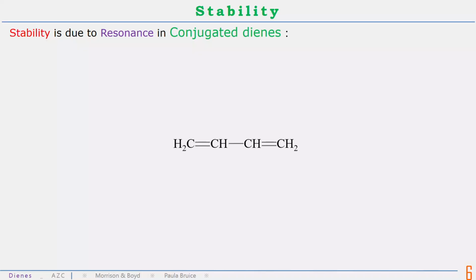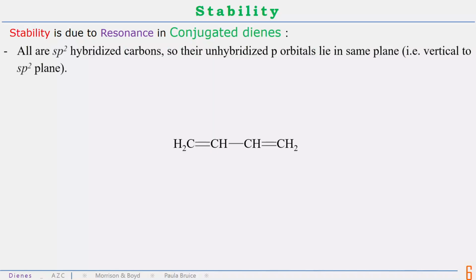Let us see the example of 1,3-butadiene. In conjugated diene, all are sp2 hybridized carbons, so their unhybridized p orbitals lie in the same plane, that is, vertical to the sp2 plane.